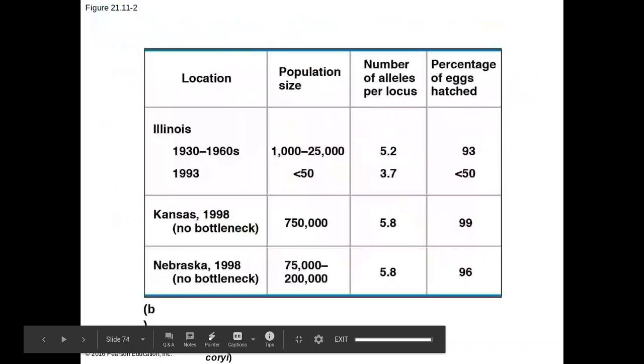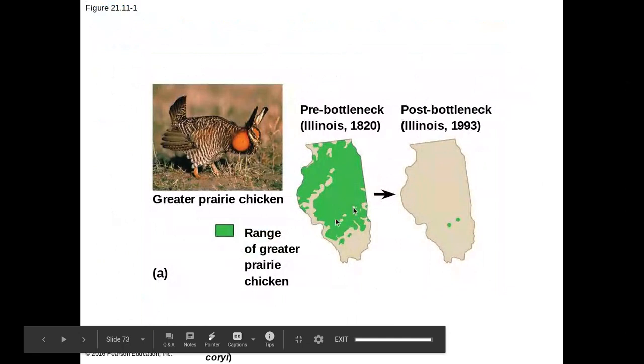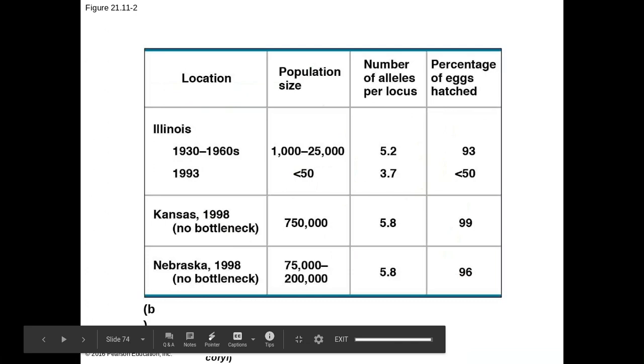So you can see here, they started out with so much space in the early 1820s, and then by 1993, human activity had all but eliminated their living space. And here you can see they had a huge population size in the early 1930s, but by 1993, we had less than 50 prairie chickens left.